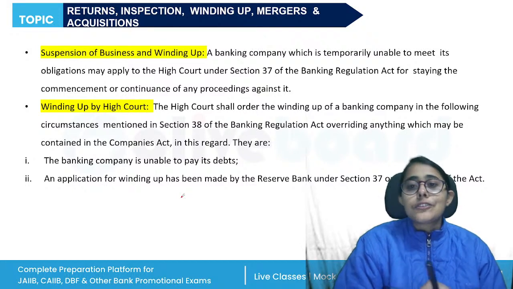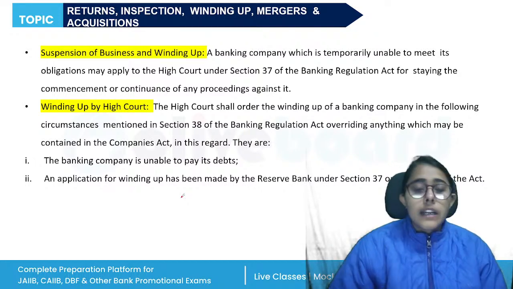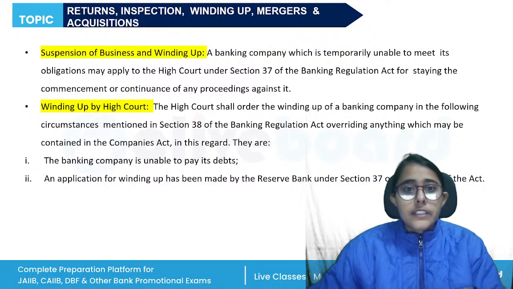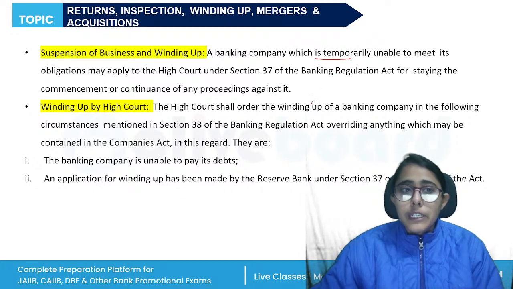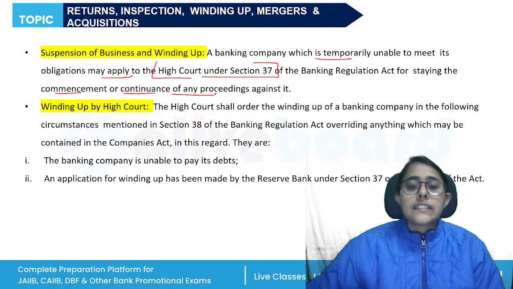when it ceases to do business as usual, when it is no longer conducting the banking business. So, a banking company which is temporarily unable to meet its obligations may itself apply to the High Court under Section 37 of the Banking Regulation Act for staying the commencement or continuance of any proceedings against it.